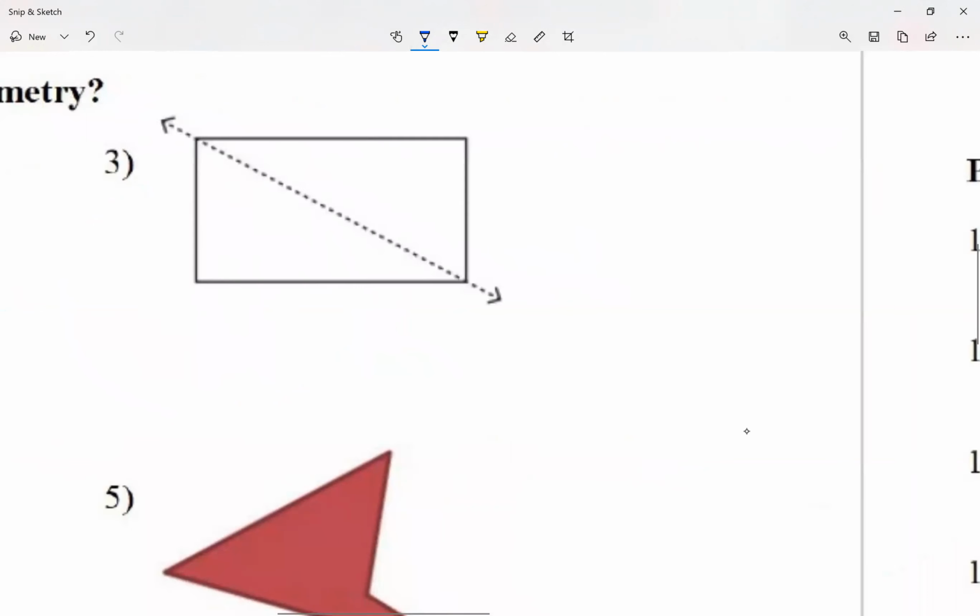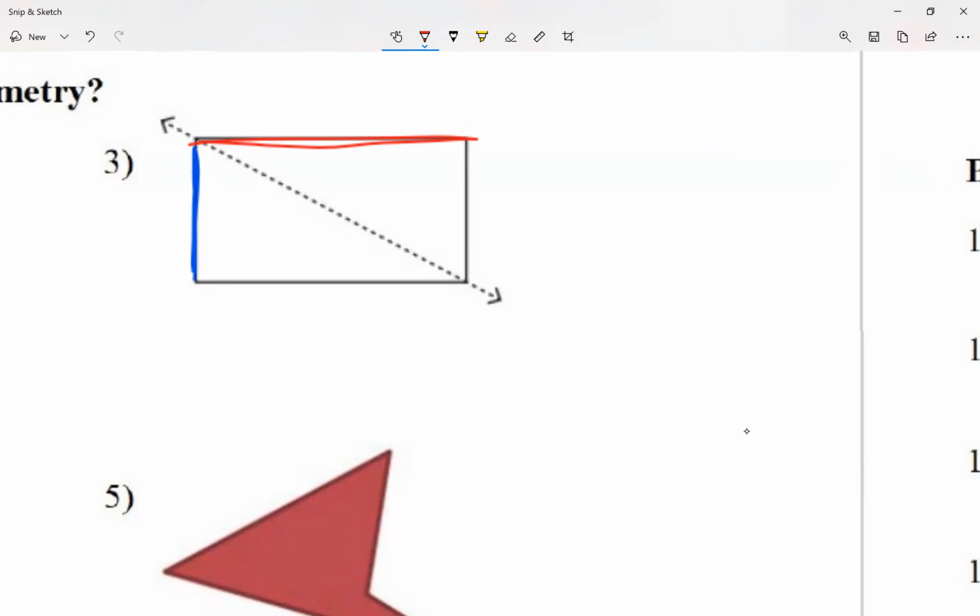Take a look at another example. Question number 3. If I was to flip it over, would I get the same figure? Interesting part is that, let me highlight this in blue. If I was to reflect it, this line, now let me use red, will reflect on red.